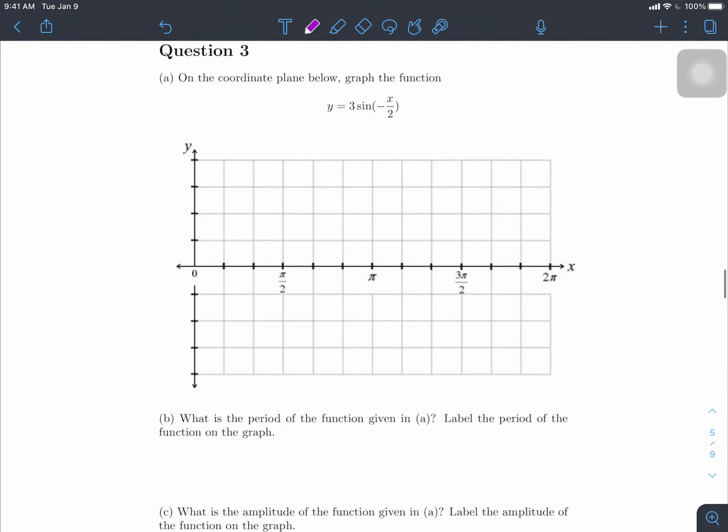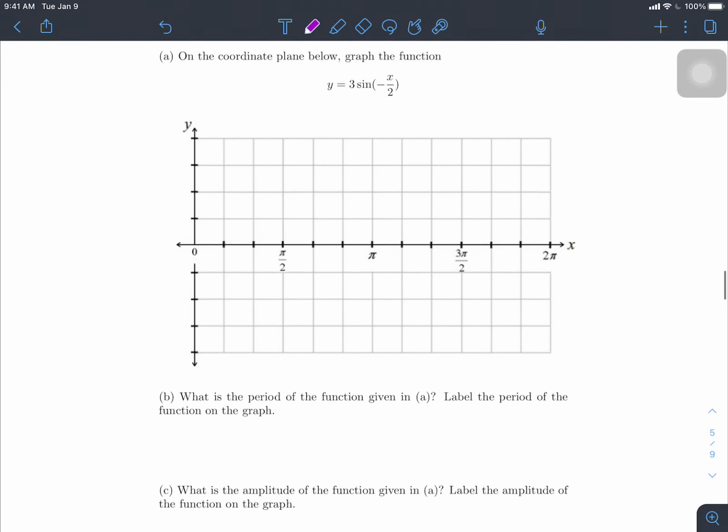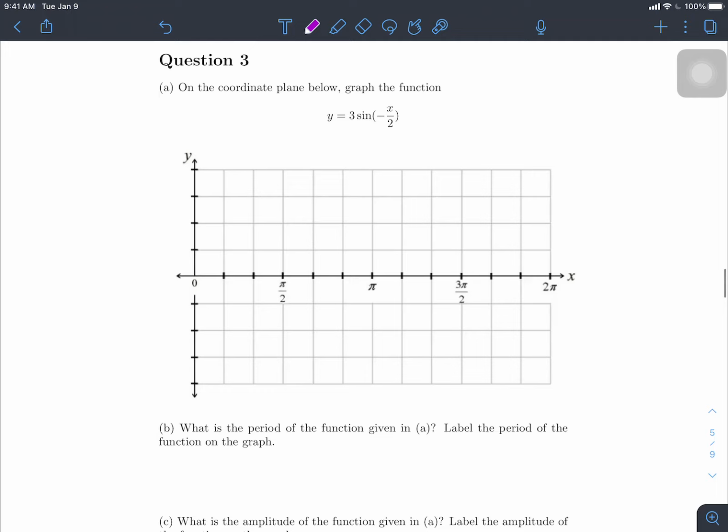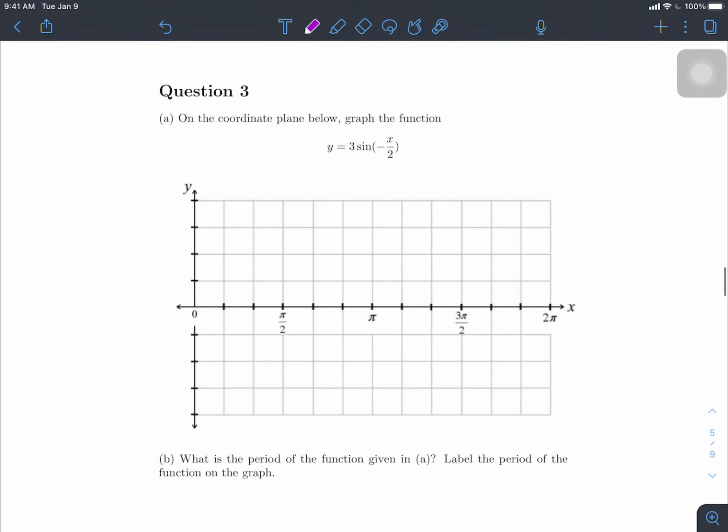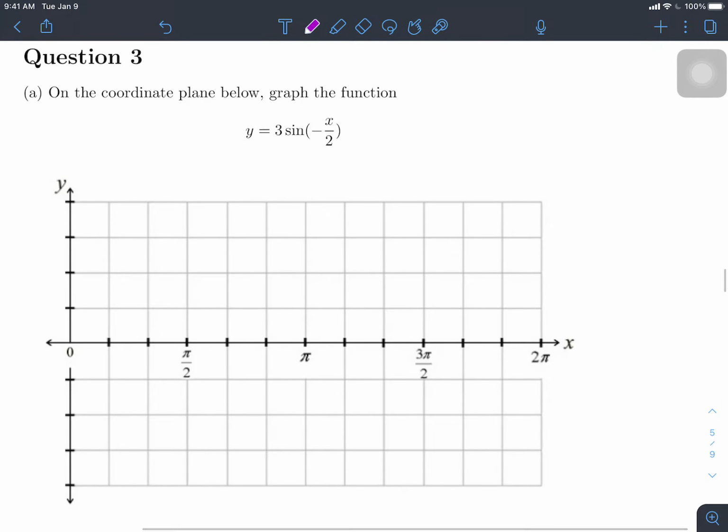And next up, we're asked to basically draw a graph of a trigonometric function. Our original function was like a sine function, and it's been transformed in a couple ways. First of all, we're dividing by 2 on the inside. That's going to give us a horizontal stretch.